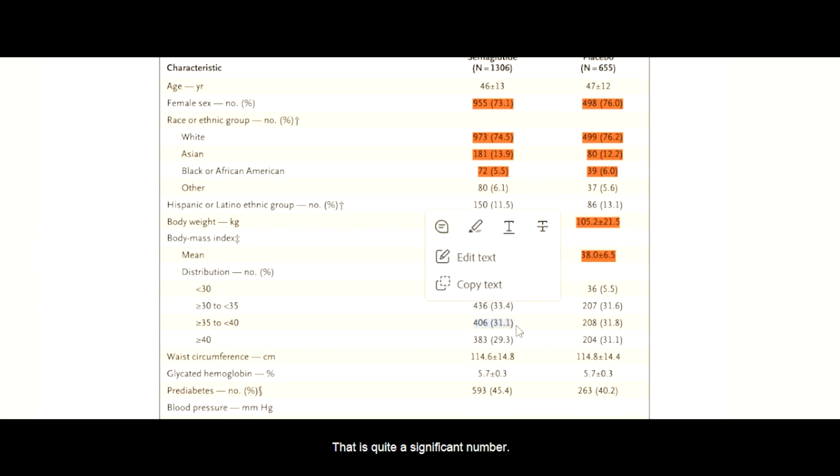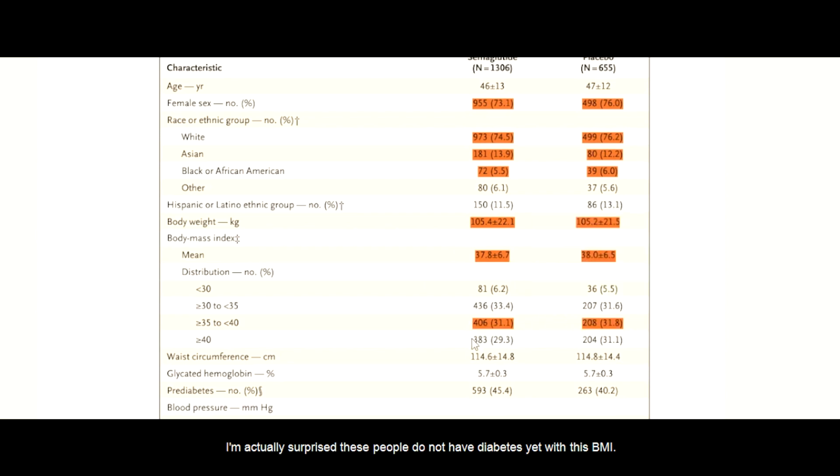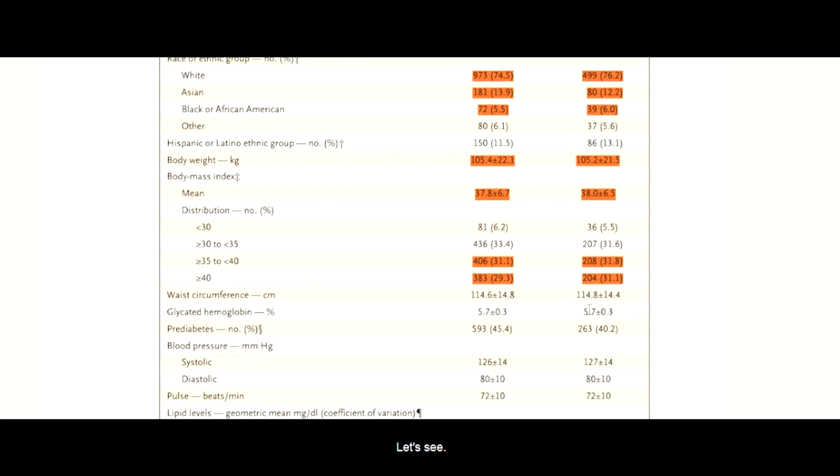That is quite a significant number. I'm actually surprised these people do not have diabetes yet with this BMI. Let's see. Apologies. They're pre-diabetic. See, that's my inner clinician kicking in.